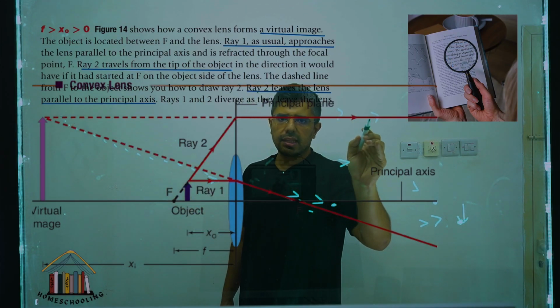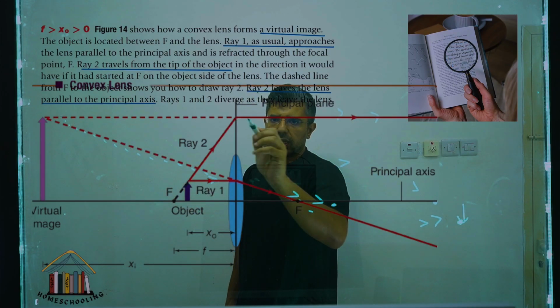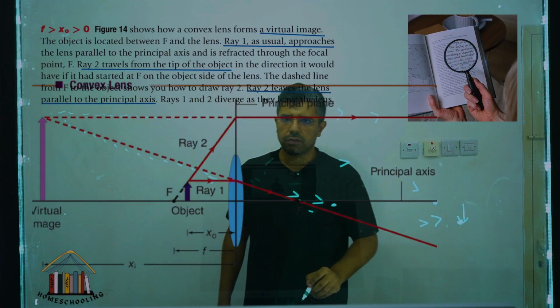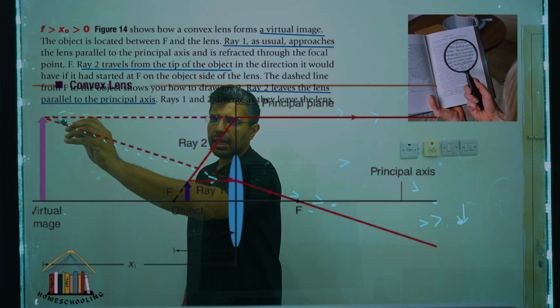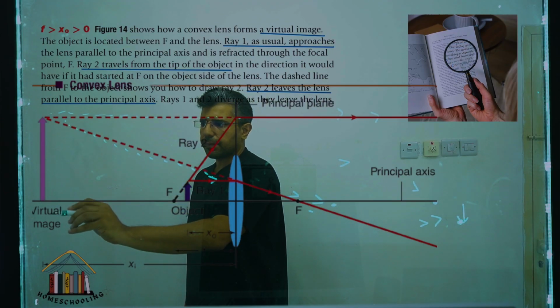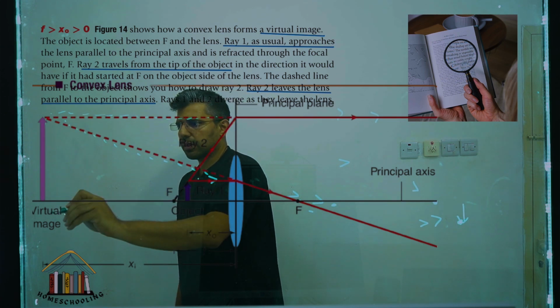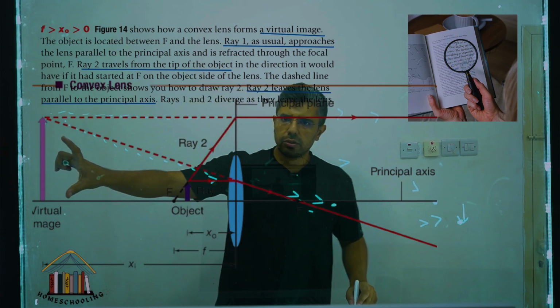We extend ray 2 as well, this way on the other side of the lens. The moment they meet, we have the formation of the image. So that's the image. Do you notice something?